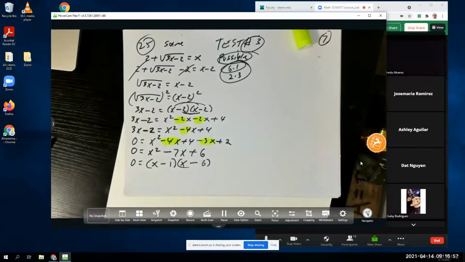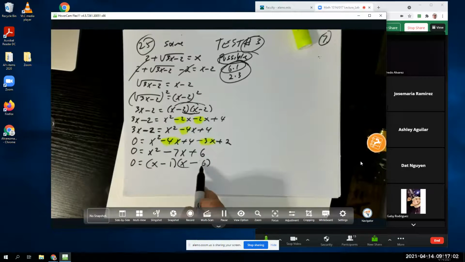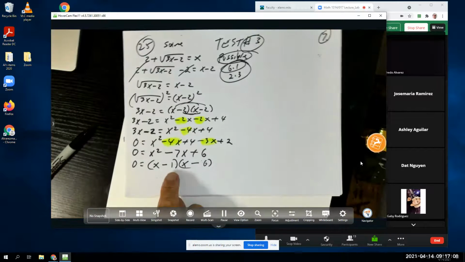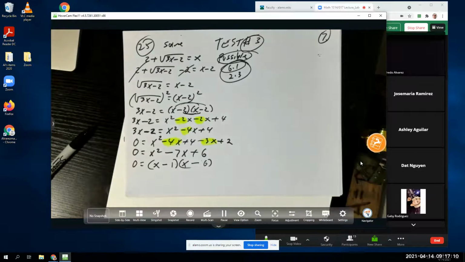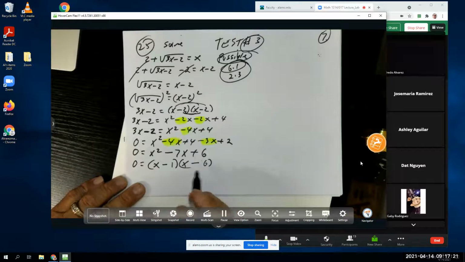Okay, so now, you think they're going to be both negative signs? Think about it. A negative times a negative, does that give you a positive 6? A negative times a negative, is that positive? Yes. And, let me do it again. A negative times a negative is a positive 6.